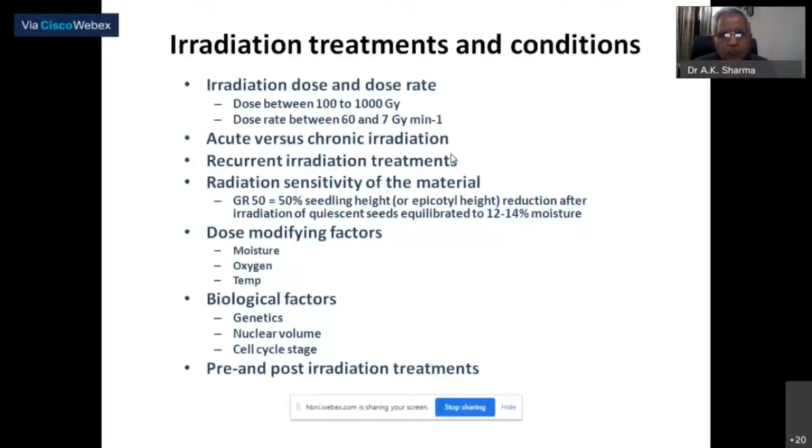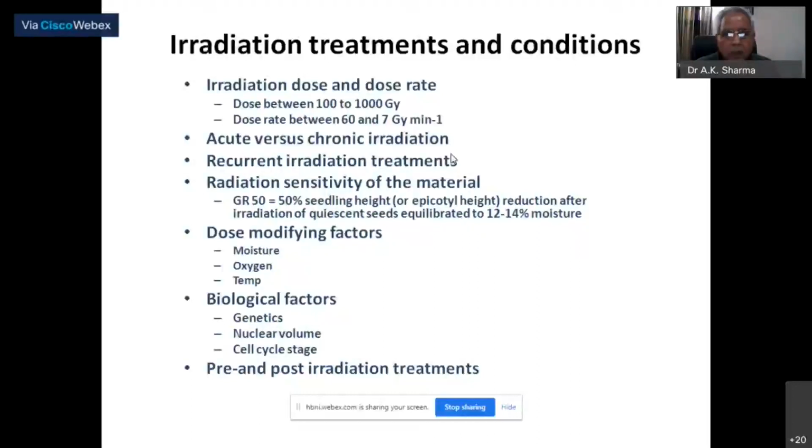Of course, the radiation sensitivity of material basically varies, and it will be reflected in the form of, say, height, that is the height that it will attain after we have grown the material. So normally after radiation the seedling doesn't grow very happily.